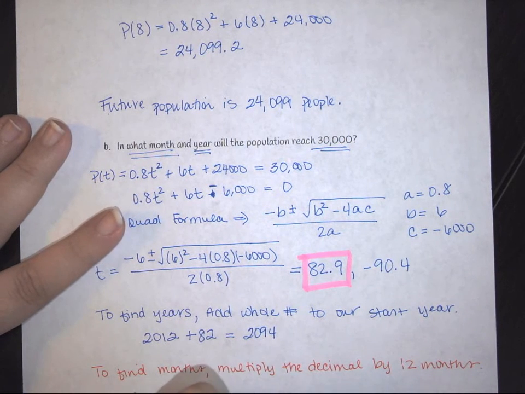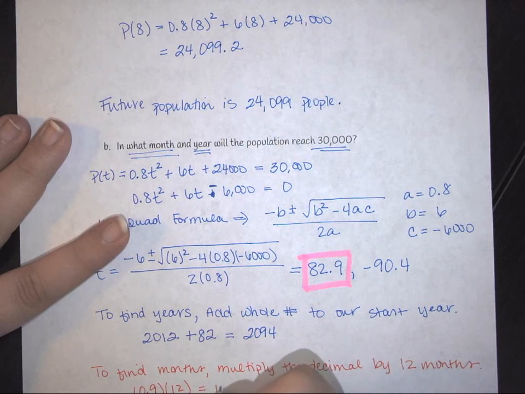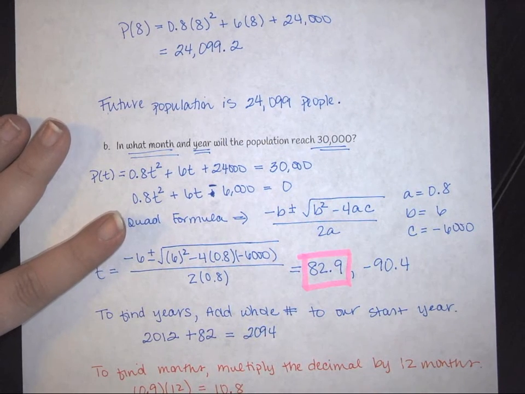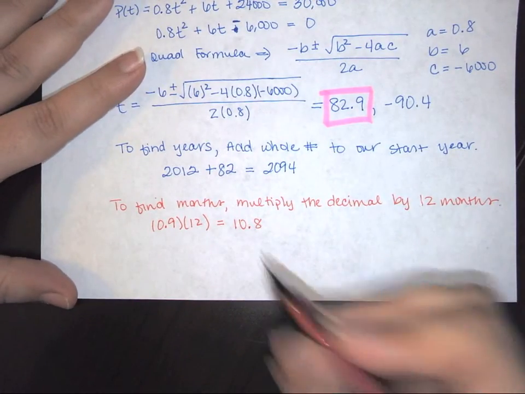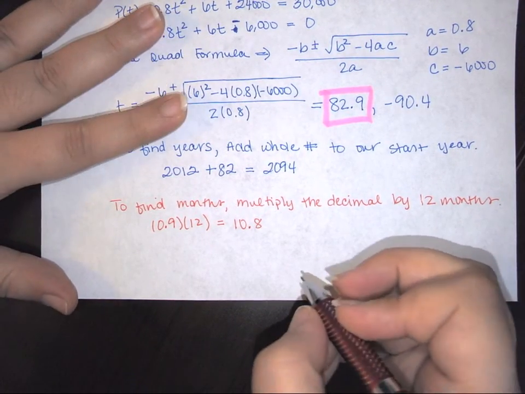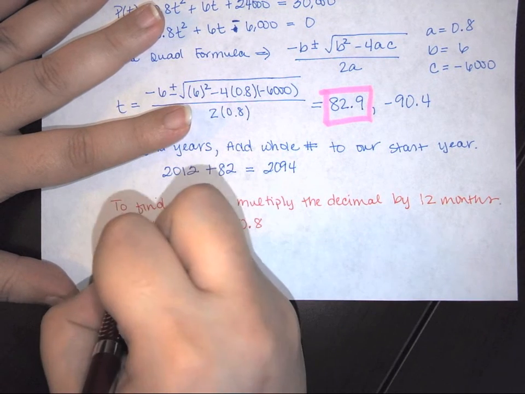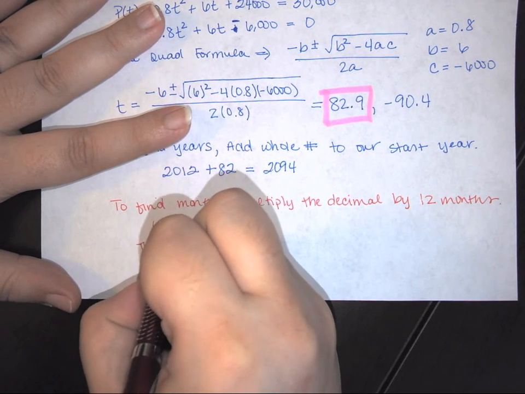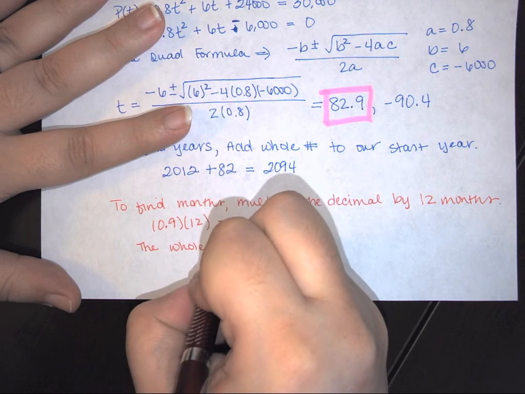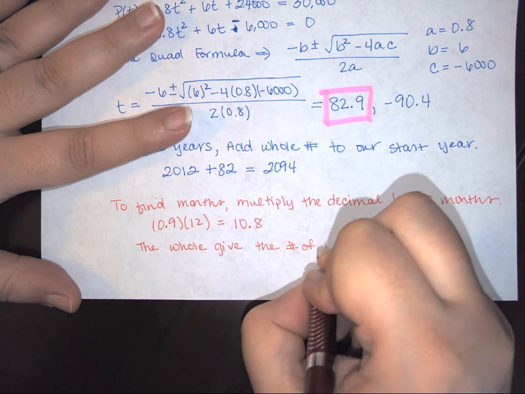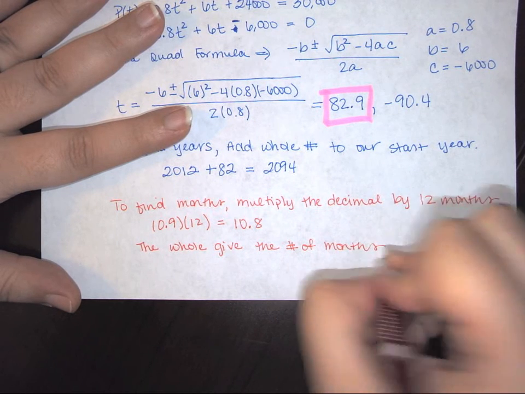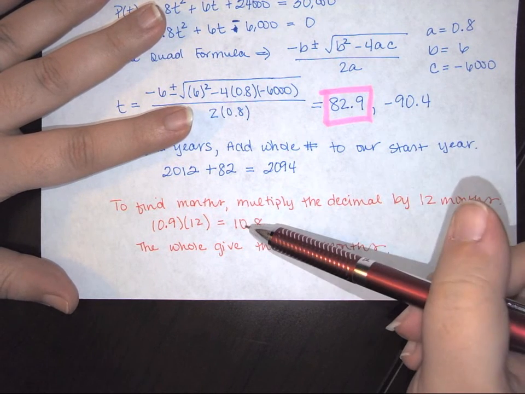So here we have 0.9 times my 12 months is going to give me 10.8. So when we look at this, the whole number is going to tell you the number of months. Okay, so here the whole number gives the number of months. So here we have 10.